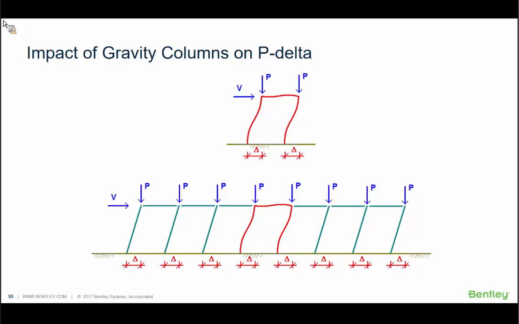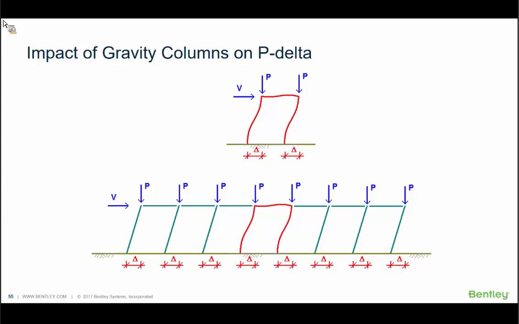If you're using the iterative method, your model must either include all of those columns, gravity and lateral, or else it must at least include, say, a single gravity column that's modeled to represent all of the gravity columns, with all of the gravity loads on all of those gravity columns applied to that representative column.